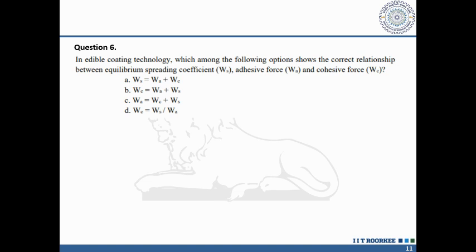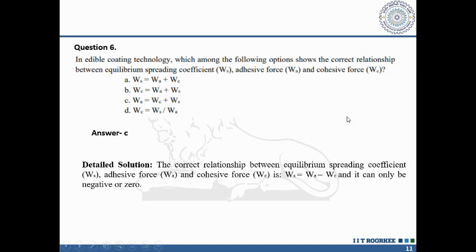Okay, so the time is over now. The correct relationship is the spreading coefficient, that is, spreading coefficient equal to adhesive force minus cohesive force. It can only be negative or zero.